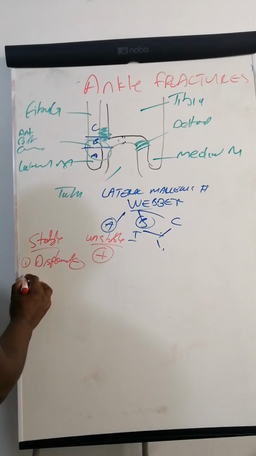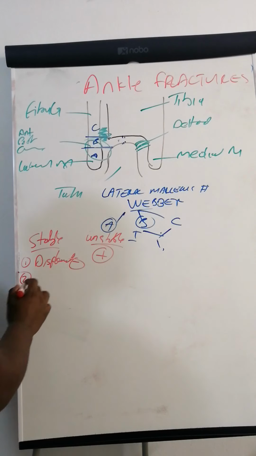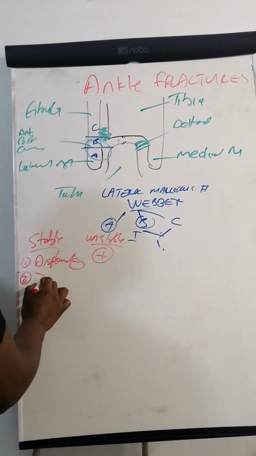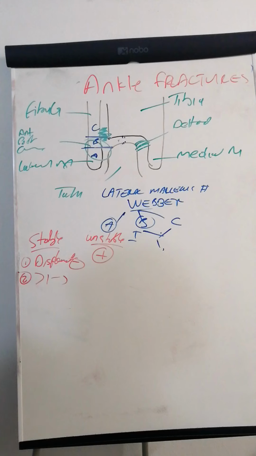Number two, if you have more than one bone fractured, you need to refer, because if you've got more than one bone fractured, then that fracture will be unstable. So what do I mean by that?